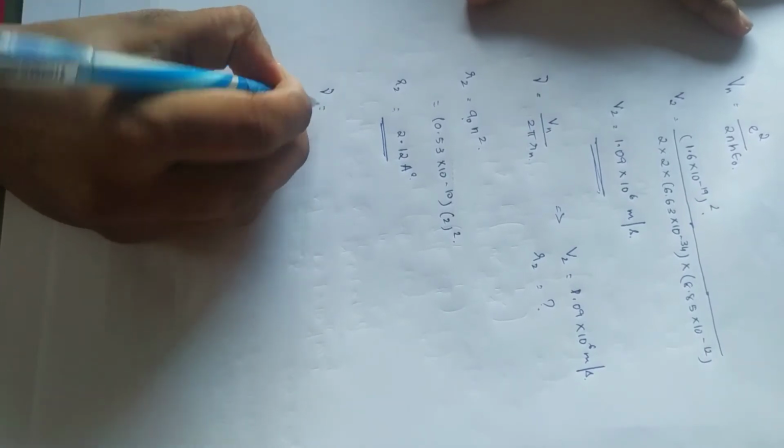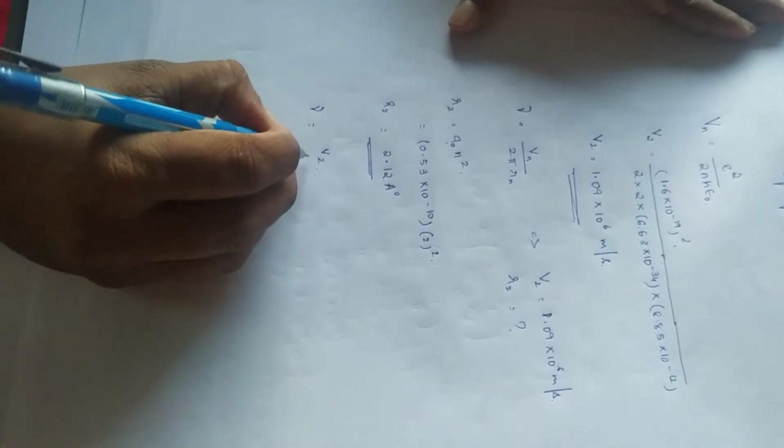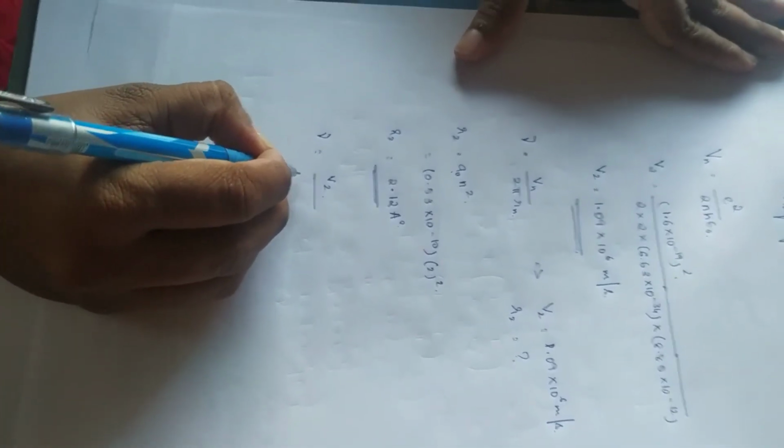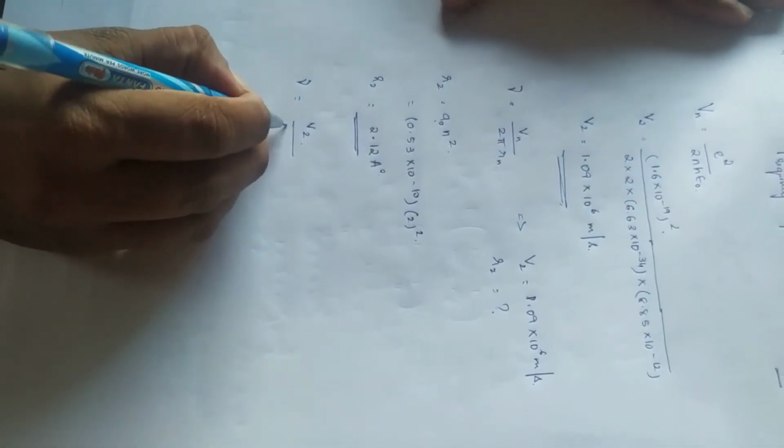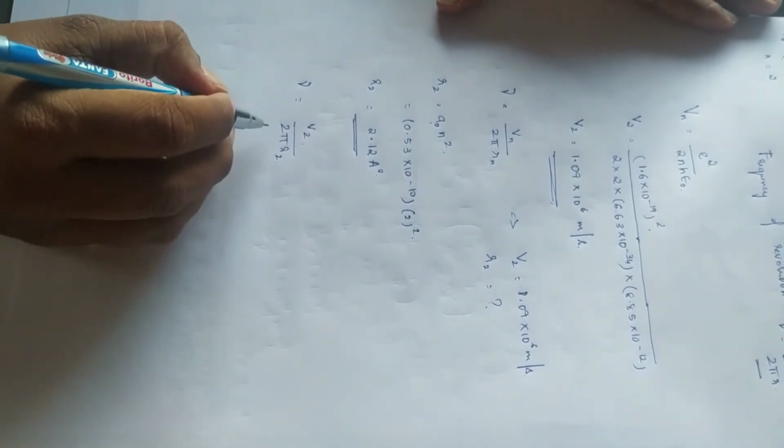Now substituting these values, we get mu, that is the frequency of revolution, mu equals V2 by 2 pi R2, right? We have V2 and R2 and we know the value of 2 pi.